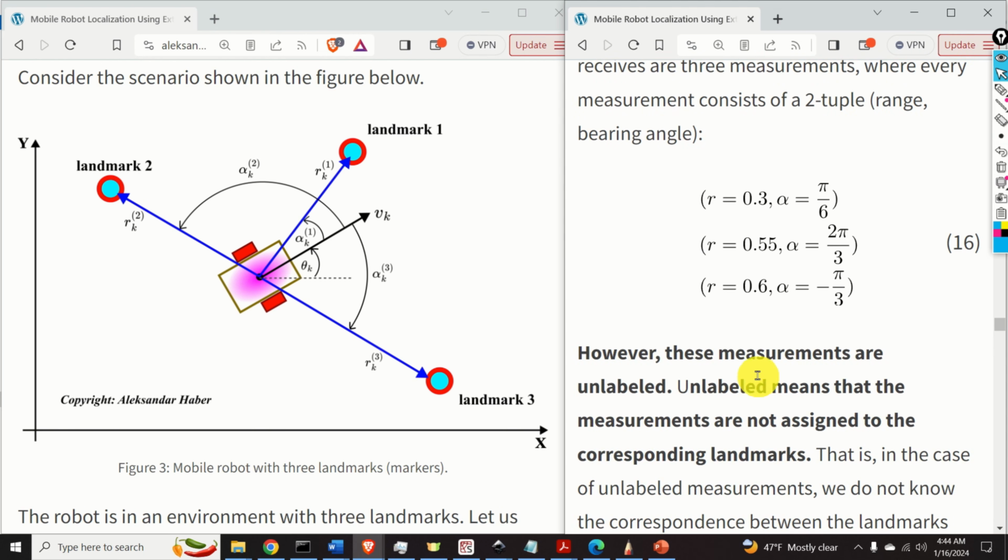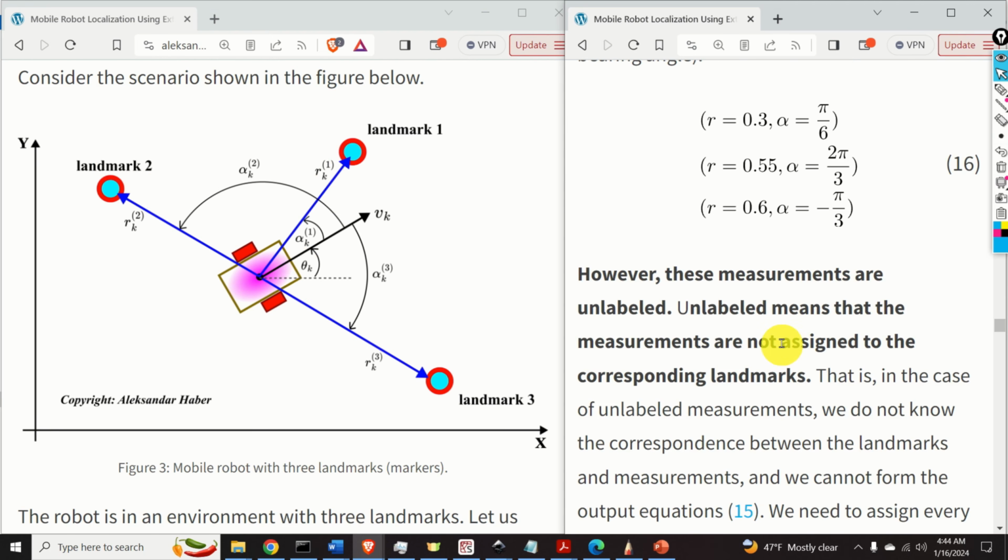However, these measurements are not labeled. Unlabeled means that the measurements are not assigned to the corresponding landmark. That is, if we just analyze raw data, we don't know, for example, this tuple and its origin. Does it come from this landmark, or this landmark?